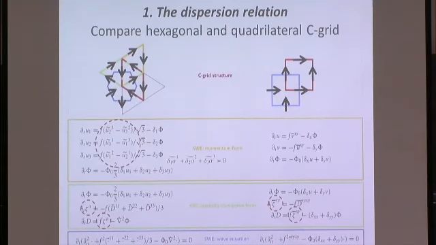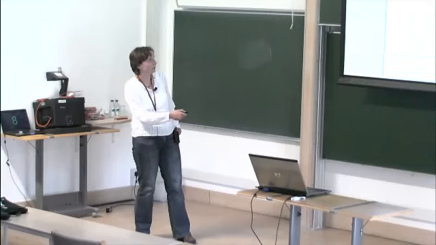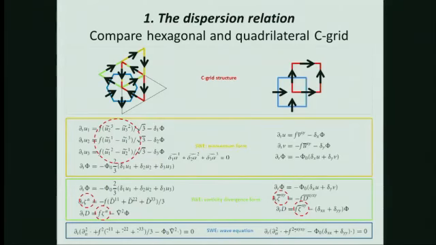So instead of the shallow water equations in momentum form, we can write down the shallow water equations in vorticity divergence form, which means that we first have to derive a divergence equation in both cases. And we know in the divergence equation for the quadrilateral C-grid case, there is an averaged vorticity occurring.